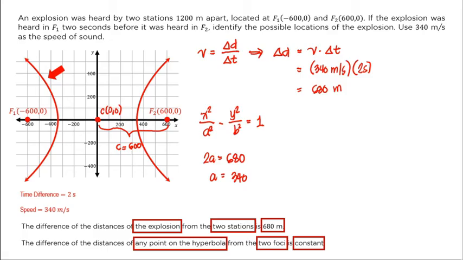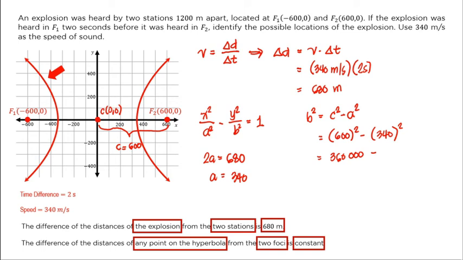So b squared is just equal to c squared minus a squared. And c squared is just 600 squared minus a squared, which is 340 squared. And that will be equal to 360,000, right?